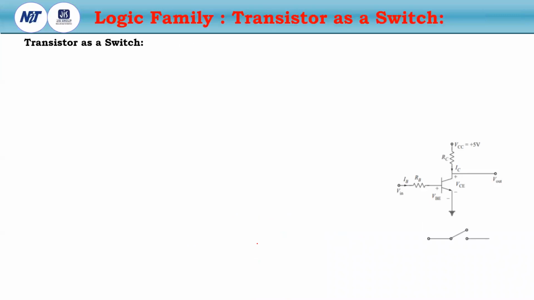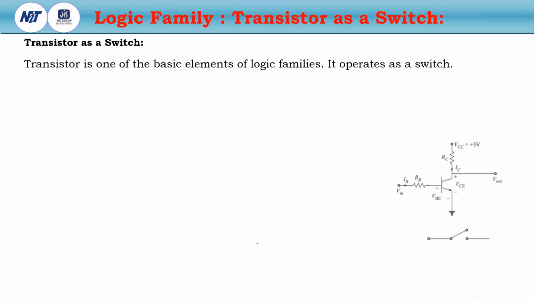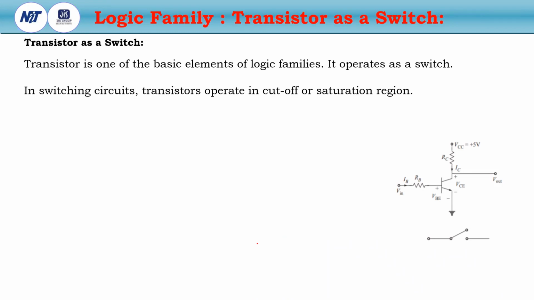Now come to the basic design consideration of the logic families, where we use the diode and the transistors, or only transistors, or the CMOSes, or the PMOS and NMOSes, etc. So first of all, we know how a transistor acts as a switch.